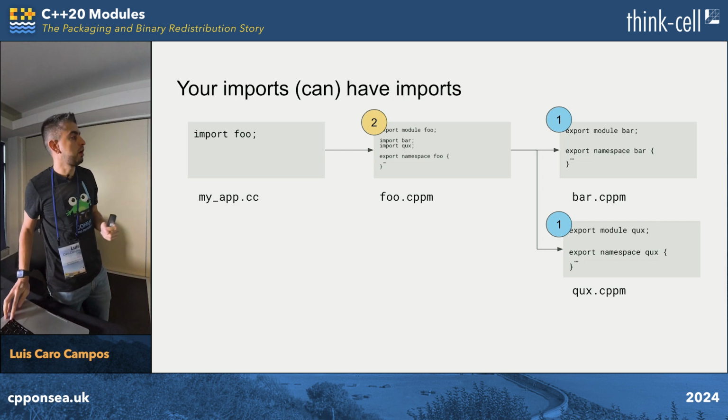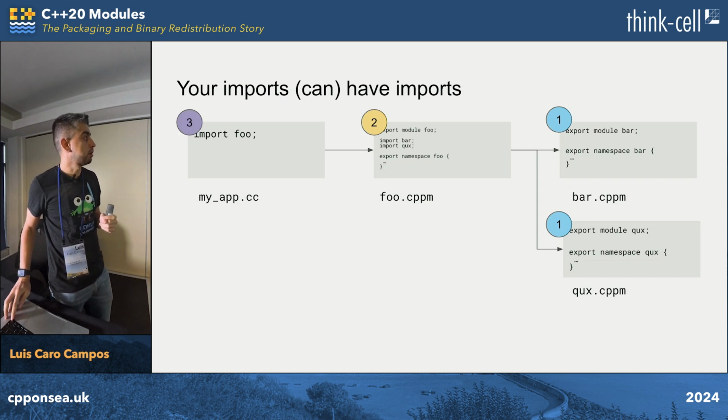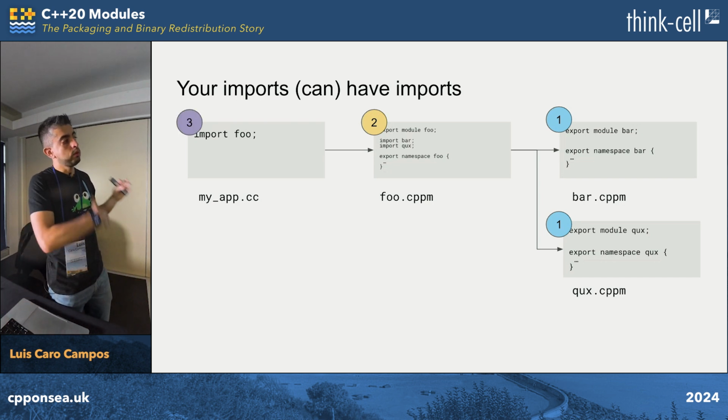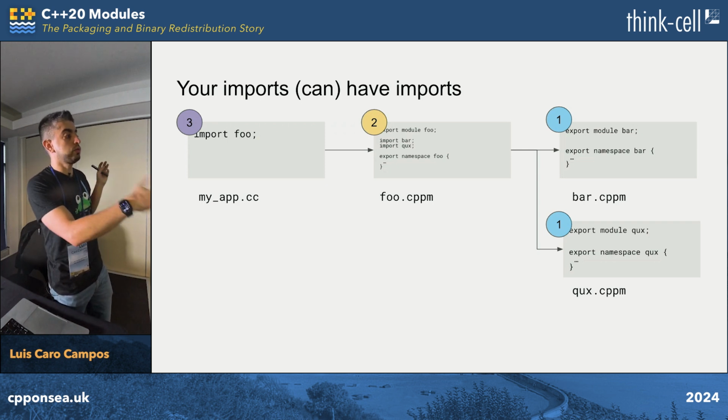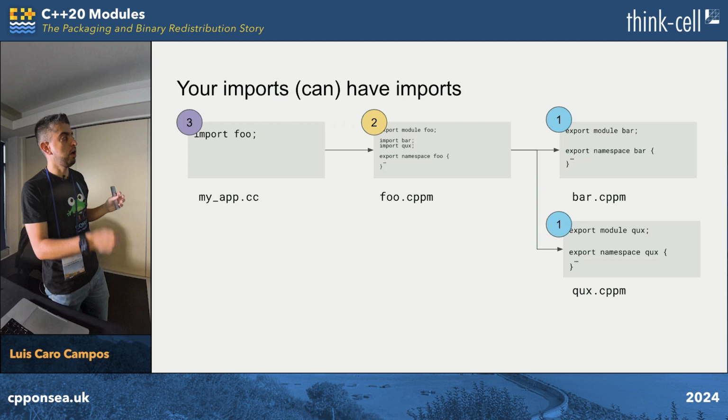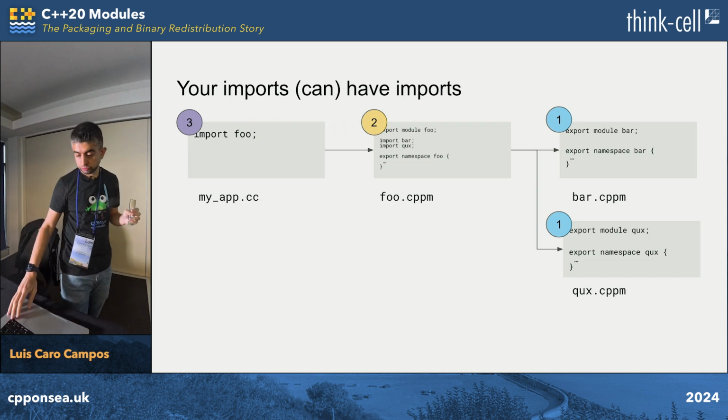Then I can compile foo.cppm to generate the BMI for foo. And once I have the BMI for foo, then I can actually compile my app.cc. So if we were using includes, most likely we would be able to compile these 4 files in parallel. Now I have three steps.